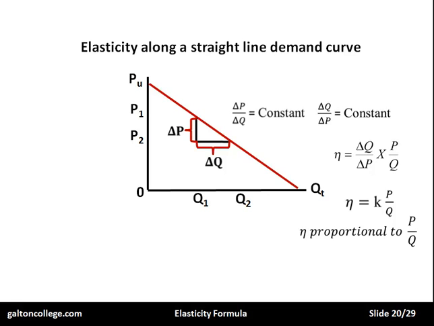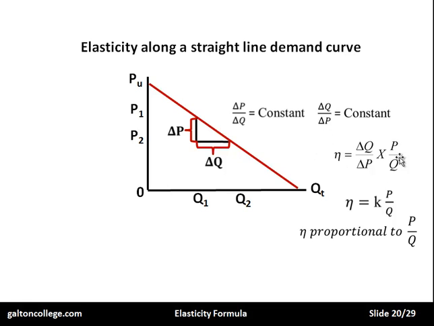The slope is the same right throughout the line, which means that delta P divided by delta Q is a constant. And of course, therefore, its reciprocal, delta Q divided by delta P, is also a constant. So that's a constant and that's a constant. So constants all the way along, it's the same.